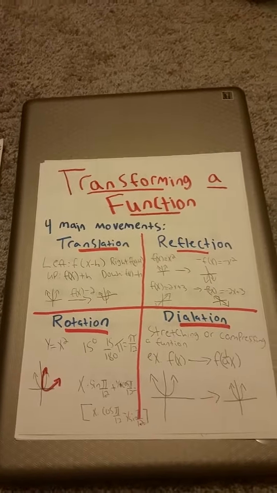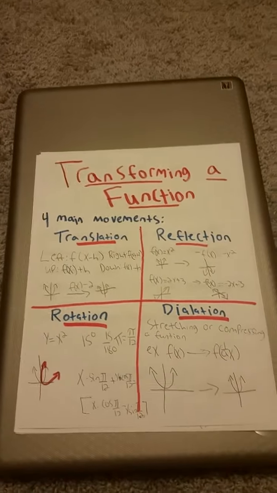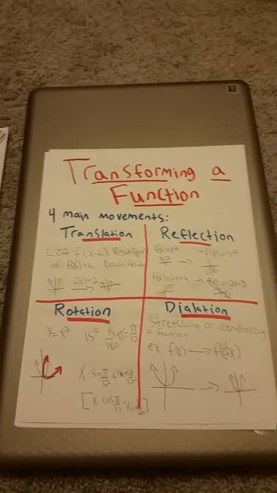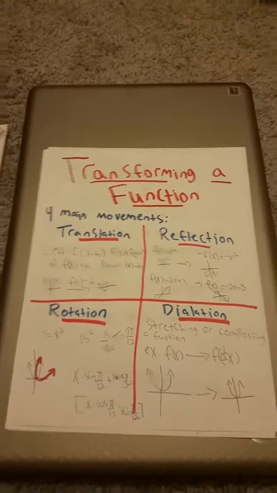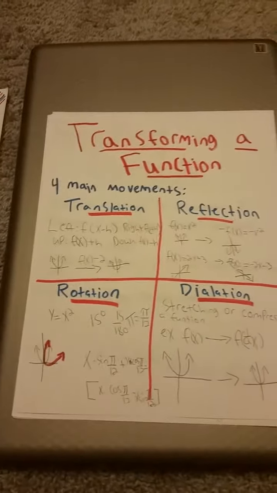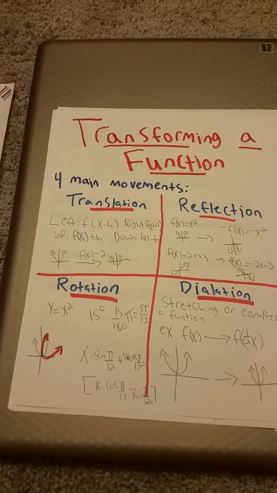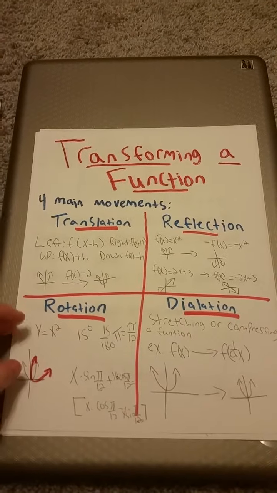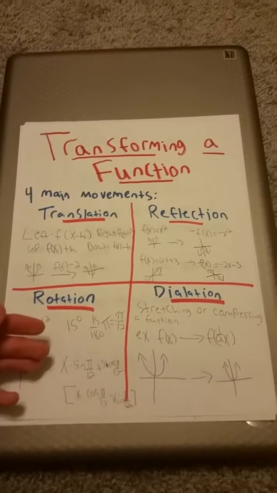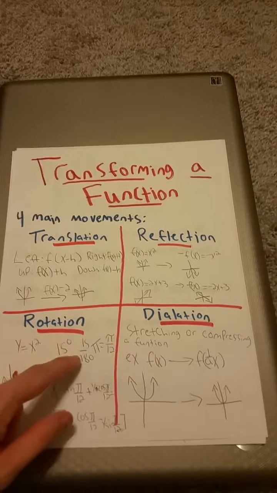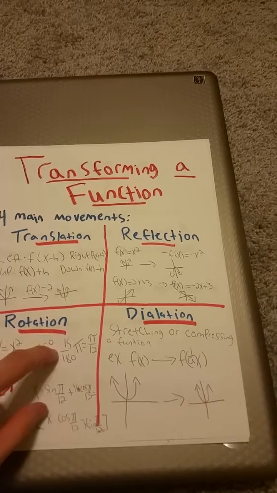Now rotations. Rotations are the most complicated ones because it requires a little bit of trigonometry. So first of all, we need to determine what we would like to rotate our value by. So we have our standard equation, y equals x squared. Say we want to rotate it 15 degrees. First, we have to convert 15 degrees to radians.